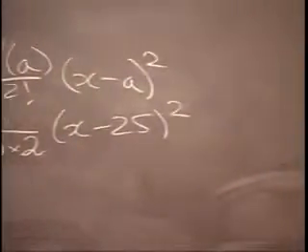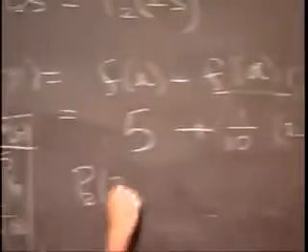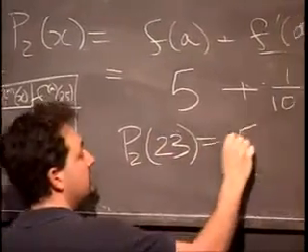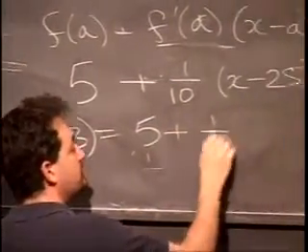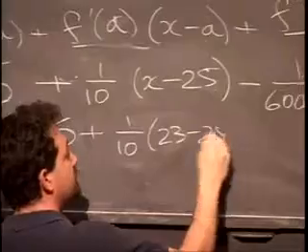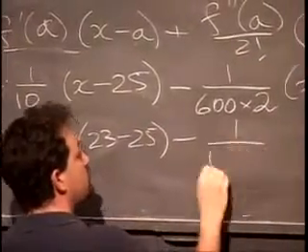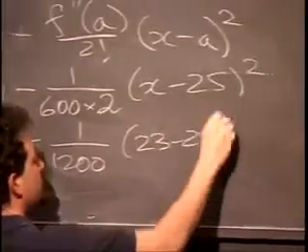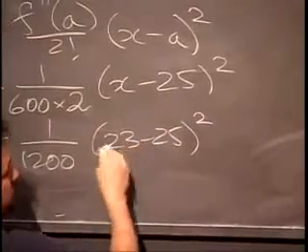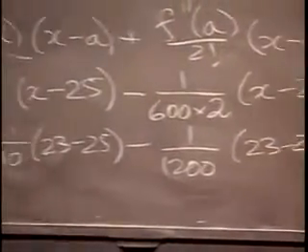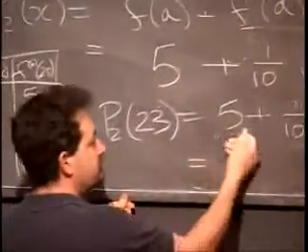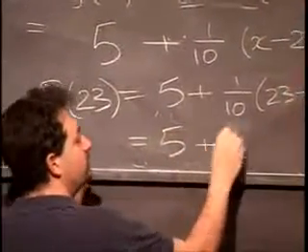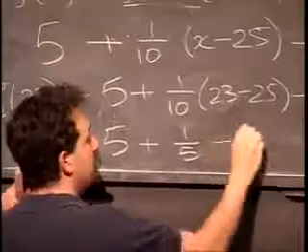But in my particular case, I want 23. So that's 5 plus a tenth times 23 minus 25 minus 1 over 1200 times 23 minus 25 all squared. And this, of course, is just 2 squared, which is 4. So it's easy enough to work this out. That's 5 plus 1/5 minus 1 over 300.